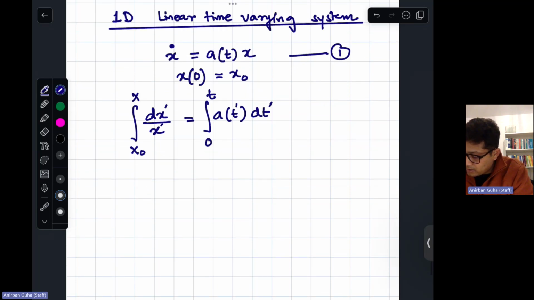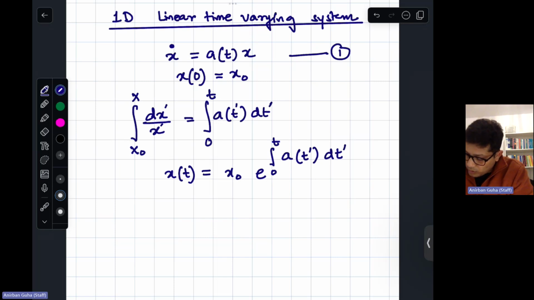So which means that, to be clearer, let's write it as x of t equals x0 times the exponential of the integral from 0 to t of a(t') dt'.